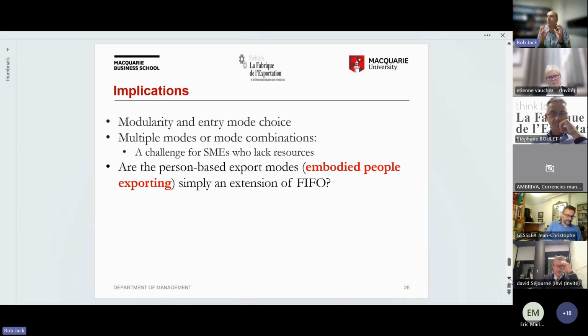It's not about product delivery. That is something they see as quite separate. So when they send someone over there to carry out an emergency service, to deliver or install or commission the product that they've produced, to them, that is not fly in, fly out. That is an embodied export of a service activity that is essential to the product.